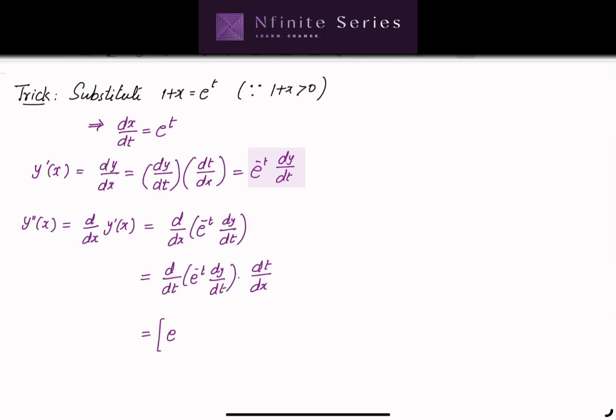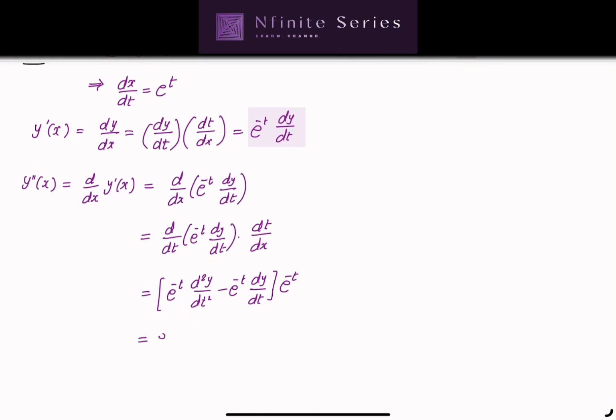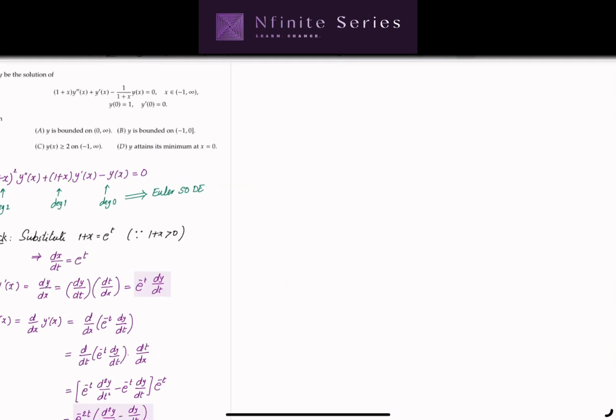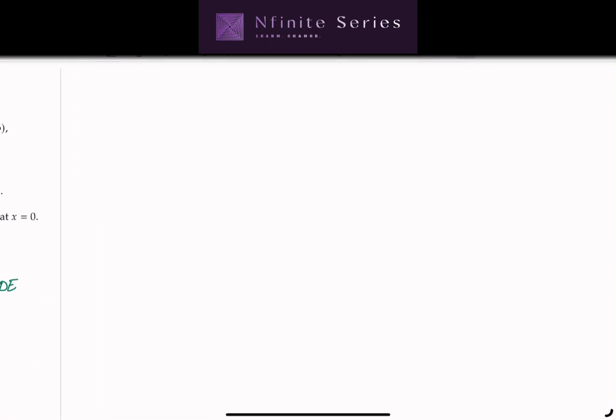It turns out to be e power minus t times d2y by dt square minus e power minus t times dy by dt. Bracket close, and we know dt by dx is e power minus t. Right. Now this is equal to e power minus 2t times d2y by dt square minus dy by dt.